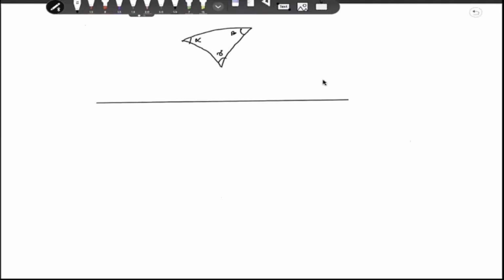So then what to do? So then you extend this side so that it meets the real axis. And now you join this point and this point by a geodesic. Okay, so now we get two triangles.